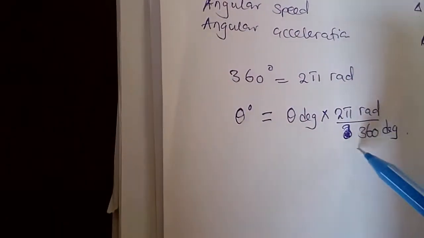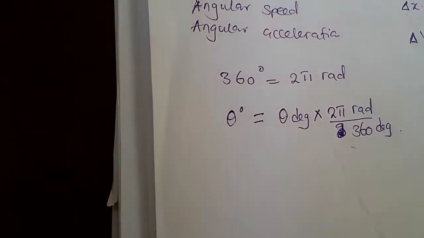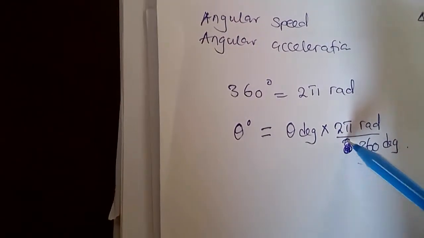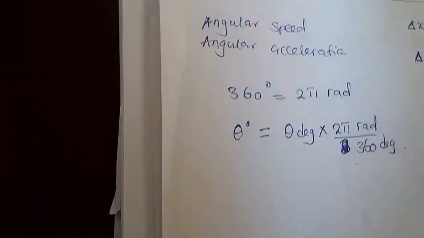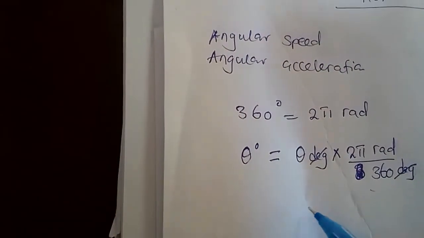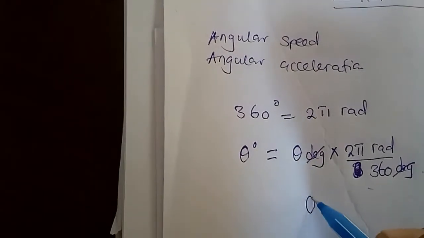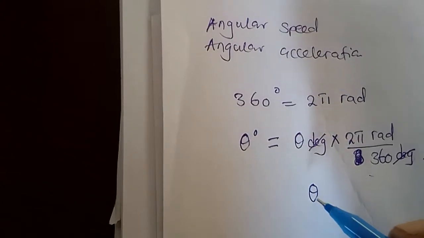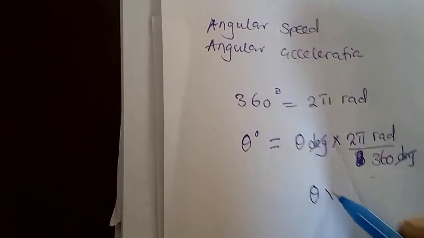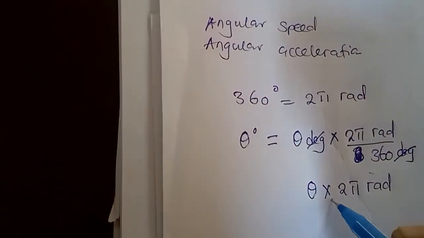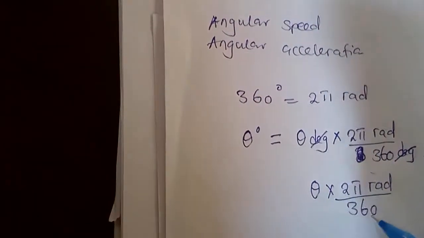The reason why I've divided by 360 degrees is because 360 degrees make 2 pi. This way, the degrees will cancel, and I'll remain with the value that we had in degrees multiplied by 2 pi radians divided by 360.